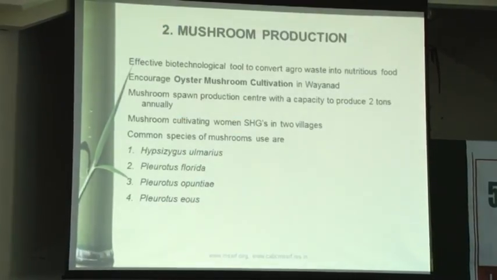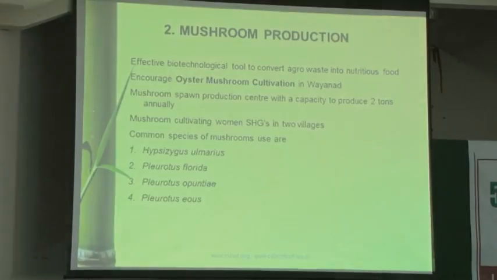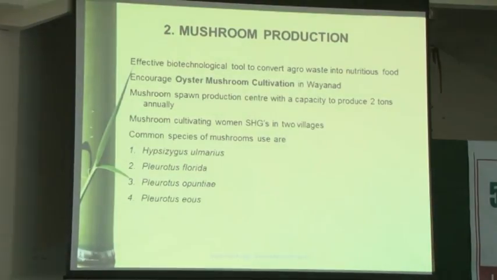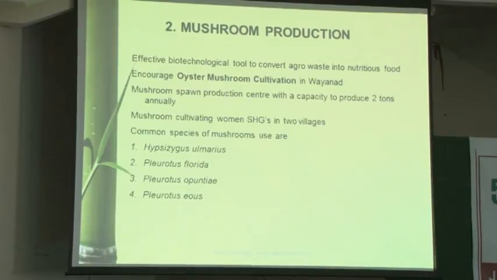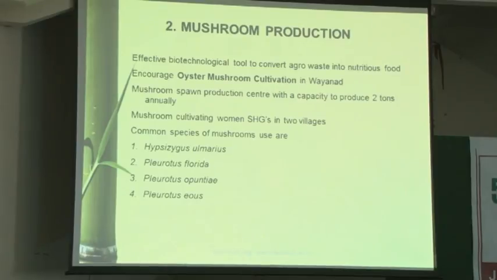And the second one is mushroom production. Yesterday, Dr. Lal Singh spoke about button mushroom cultivation. But now, MS Swaminathan Foundation's regional center is working with the oyster mushroom. The oyster mushroom, as the sir rightly said yesterday, has some temperature requirements.